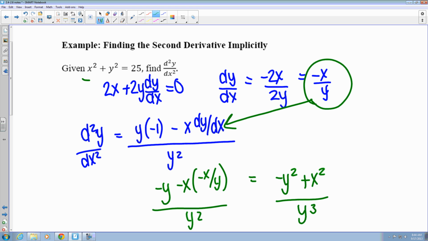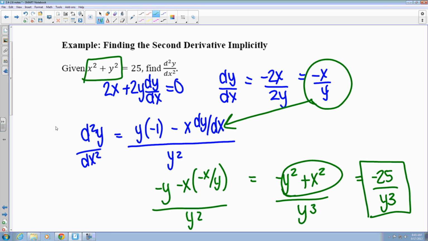And from up above, we know that x squared plus y squared is 25, so we actually have x squared plus y squared right here. So negative 25 over y cubed is our final answer.